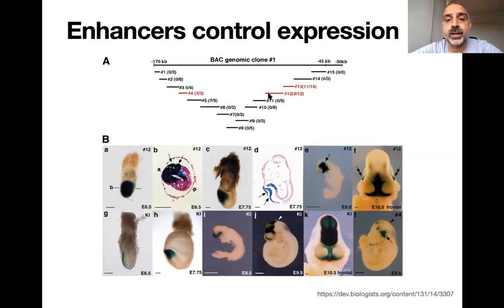What this group have done is taken a 200 kb fragment of the OTX2 gene and split it up into different pieces, put these pieces onto a reporter gene, and then made a transgenic mouse to ask what domain of expression these reporter genes drive.